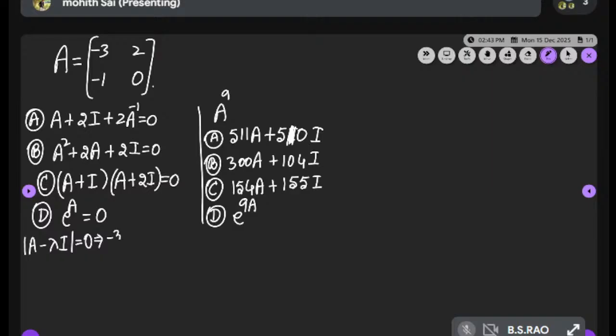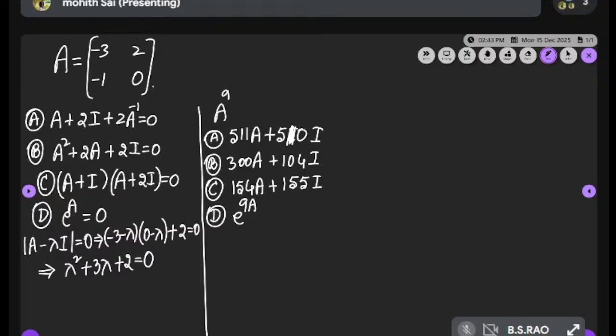So (minus 3 minus lambda)(minus lambda) plus 2 equal to 0. This implies lambda square plus 3 lambda plus 2 equal to 0.